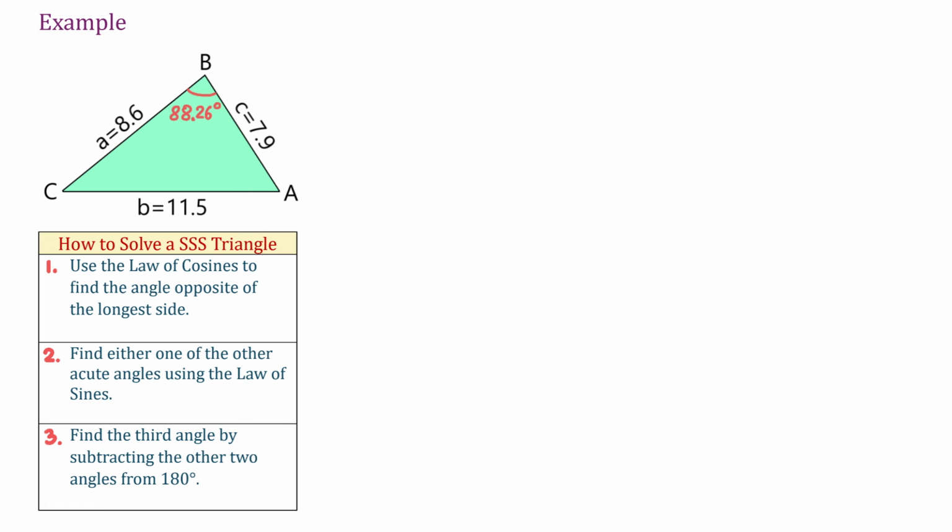And for this, one ratio that we will use will be side A over sine of angle A. And because we know side B and angle B, another ratio will be B over sine of angle B. If we replace, we will have 8.6 over sine of angle A equals 11.5 over sine of 88.26 degrees.